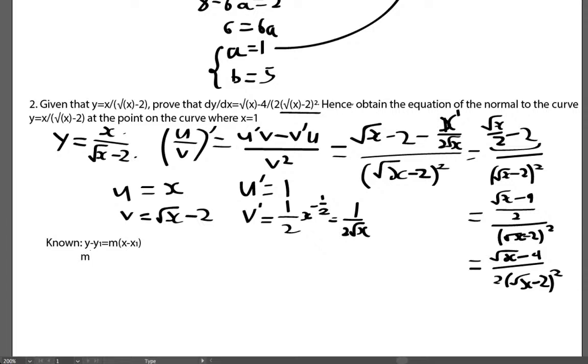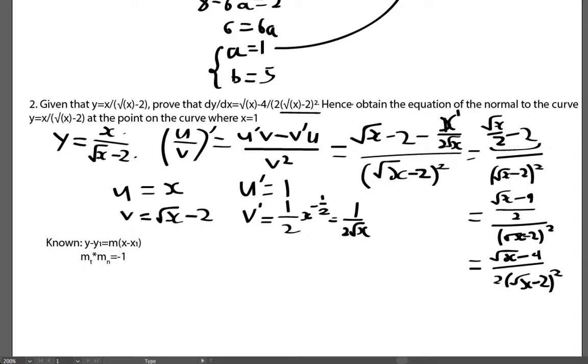So first things first, you know that the gradient of the tangential one, multiplied by m subscript n, equals to, sorry, negative 1.